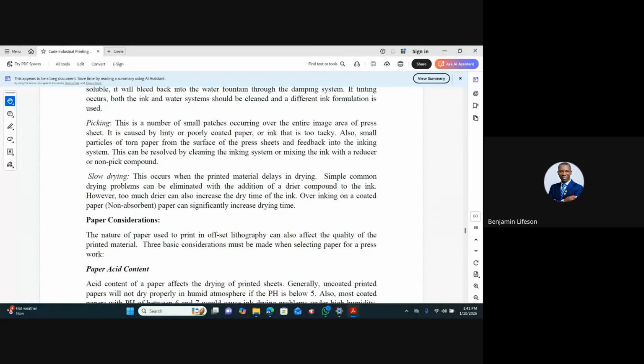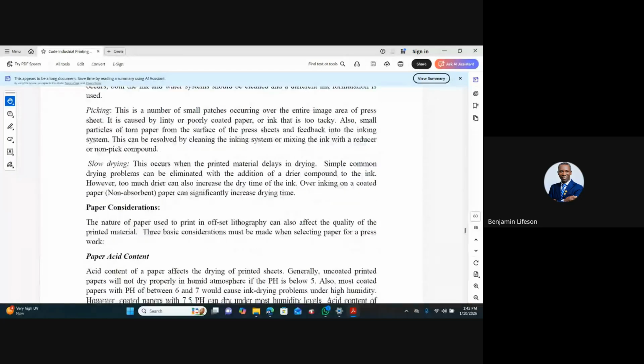When the ink is too sticky, too thick, it would also cause that issue, just like how we identified in printing defects. Similar things would also happen here. You can resolve this by cleaning the inking system or mixing the ink with a reducer, so that it will dilute it a bit for you.